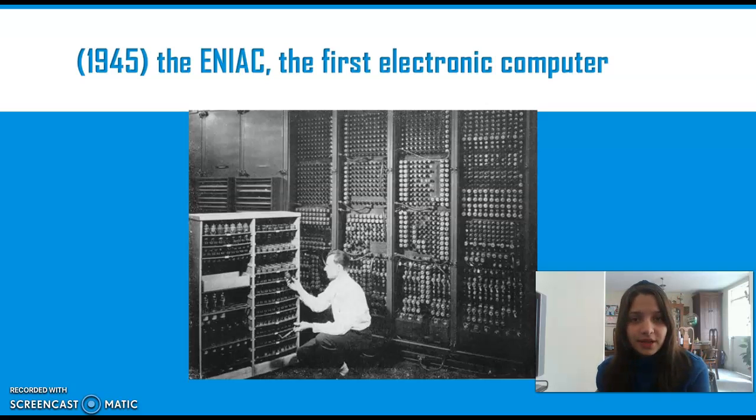In 1945, created by William Mauchly and Presper Eckert, the ENIAC is an electronic computer. It was Turing complete, digital, and capable of being reprogrammed to solve an extensive class of numerical problems.